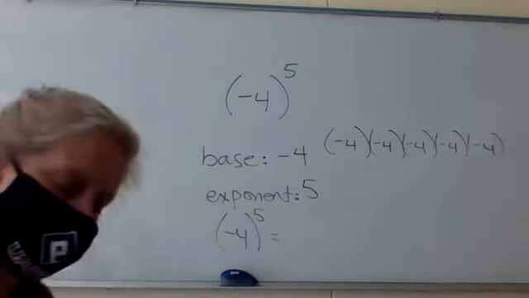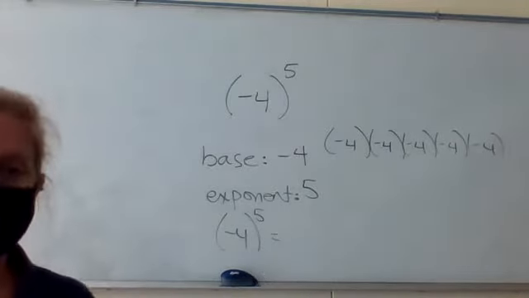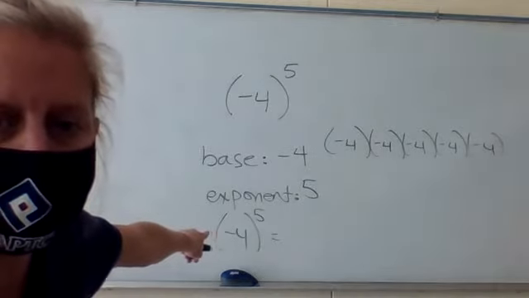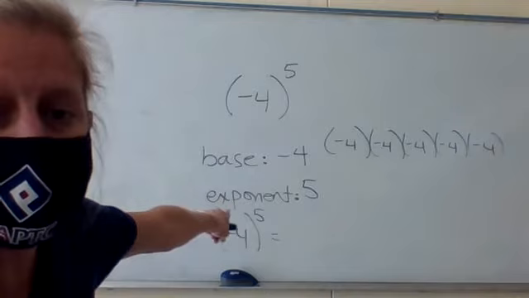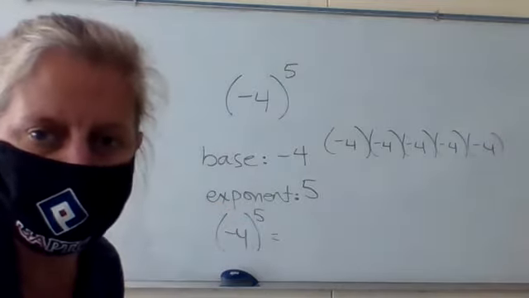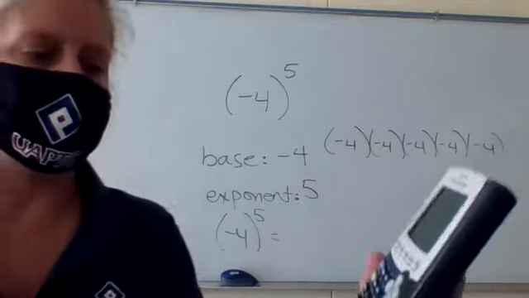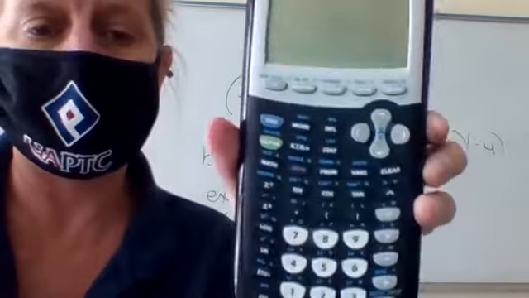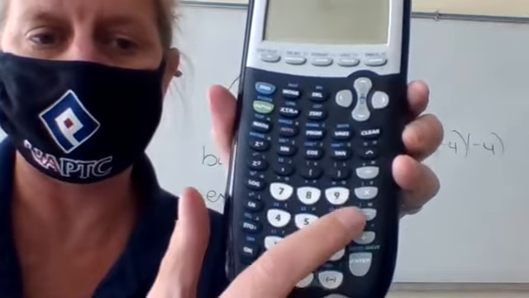Every single time you are typing a negative number and then raising that negative number to an exponent, there has to be parentheses around that negative number. So open parentheses. Now remember, the negative button is not the minus button. They're separate.